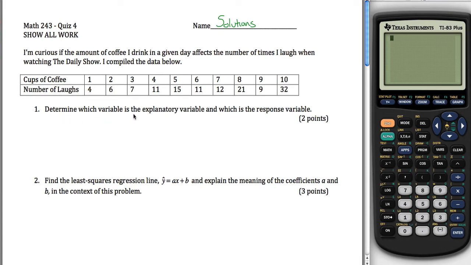In other words, when they ask me to determine the explanatory variable, which is the cause, and the response variable, which is the effect, when I read this sentence, I see that the cause would be cups of coffee. So explanatory is cups of coffee, maybe cups of coffee that I drink per day.